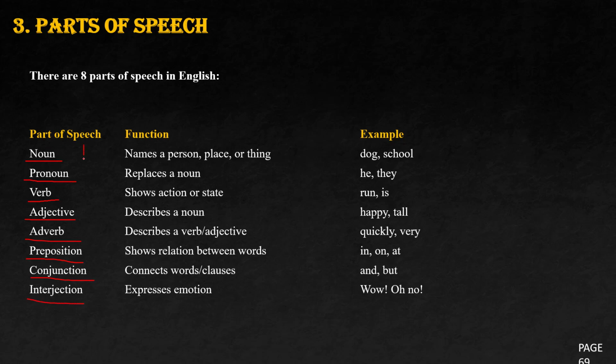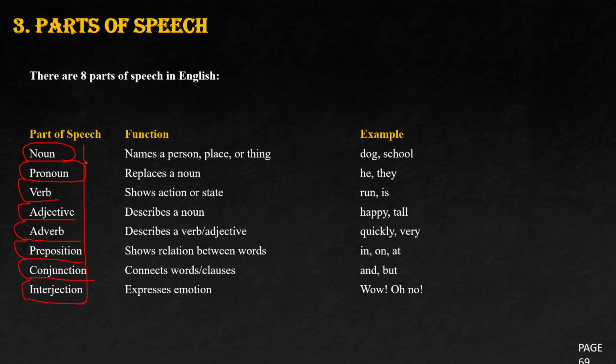So we should know all of these, at least to start to learn about the basics. I'm just covering the basics here. In the later sessions we are going to see in-depth details about all these parts of speech.